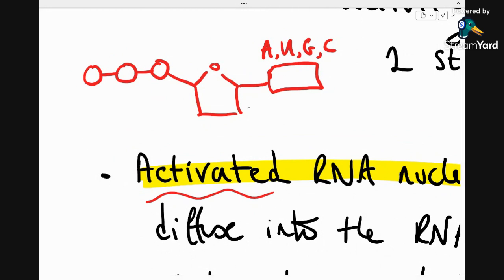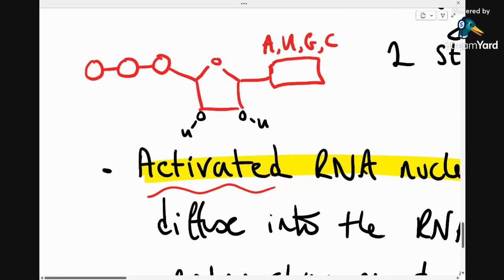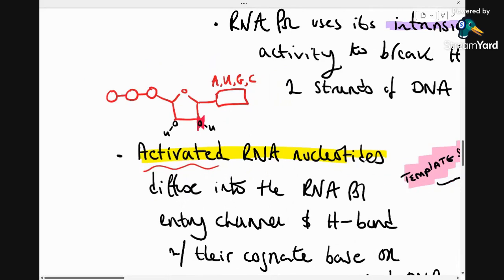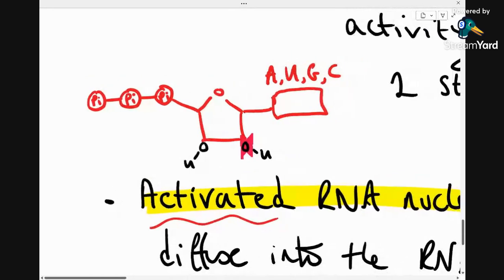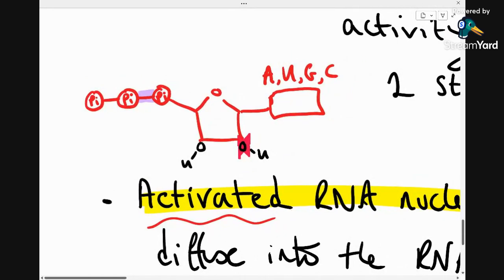So therefore, on the 2' carbon here, we have a hydroxyl group, and on the 3' carbon, we also have our hydroxyl group. If it was a DNA nucleotide, then of course this oxygen here would not be there, and it would just be a hydrogen. There are 3 phosphate groups here, so these are inorganic phosphate groups. And essentially it is these bonds, these two here, which are phosphoanhydride.